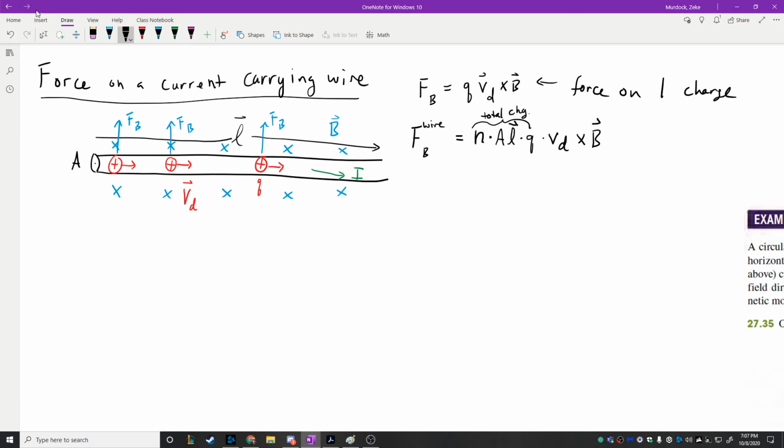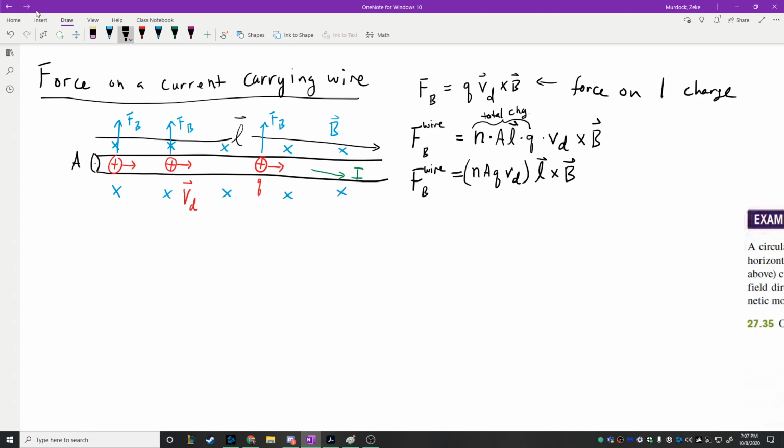Then I'm going to pull together the terms n times A times Q times Vd. Those all come together, and what's left over is the length of the wire cross product with the magnetic field, like that. That's going to be the force on my wire.